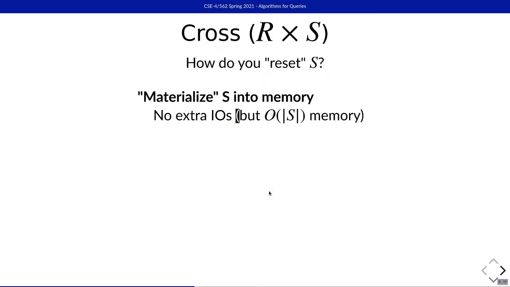We're sitting there with every single tuple in S in memory, and so we're actually paying that memory cost. And maybe it turns out that we don't actually have enough memory to be able to pull that off.